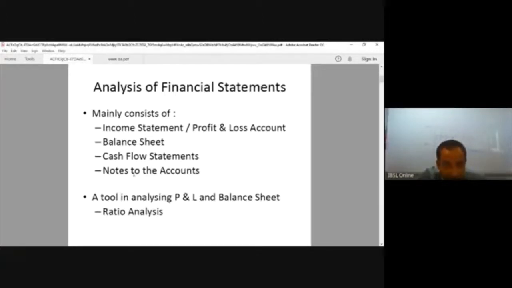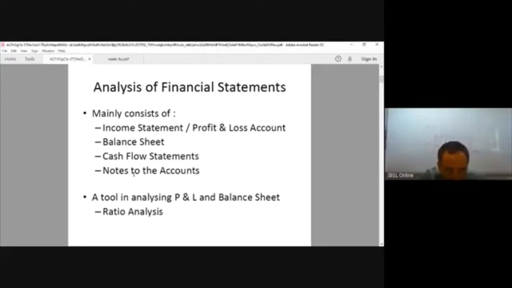So what are the important financial statements? In a set of final accounts, what are the financial statements forming part of it? Number one is, as you know, the profit and loss account. We also call it the income statement.